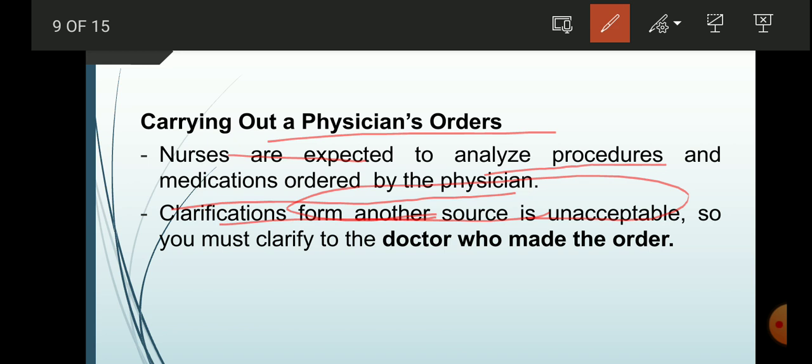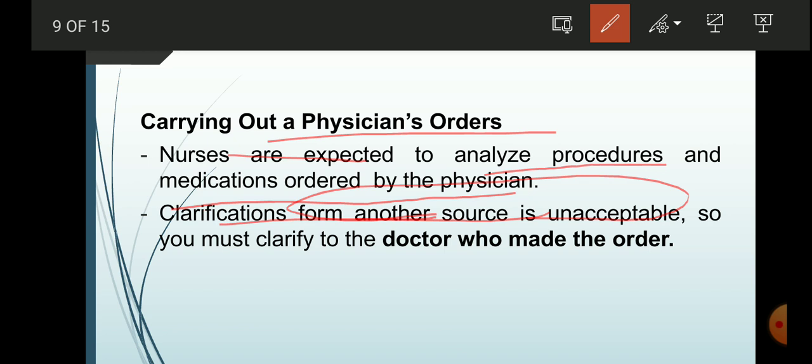Where should the nurse clarify the orders? The choices are the following: A, the nurse supervisor; B, from the colleagues or from your co-nurse; C, asking your senior nurse; or D, by asking the doctor. The answer would be, ask the doctor.